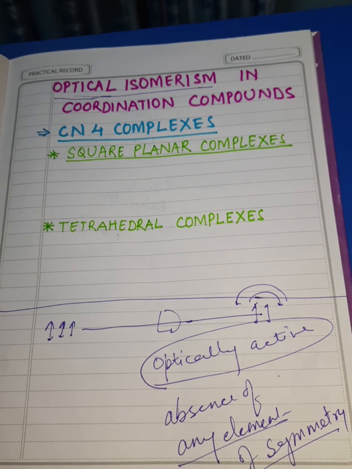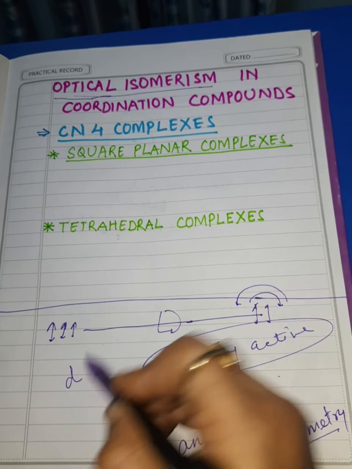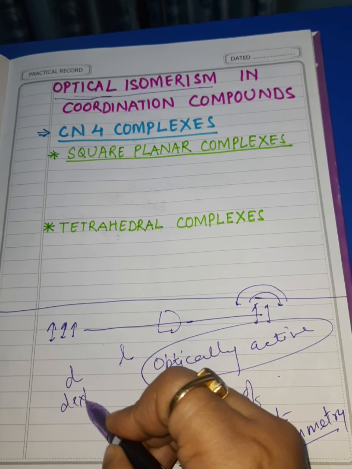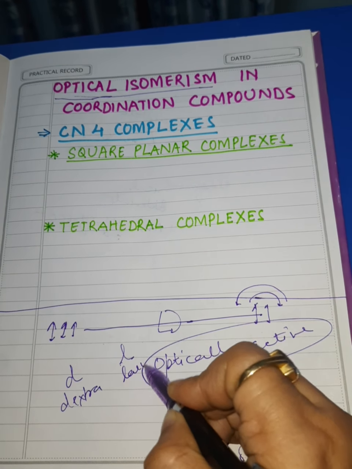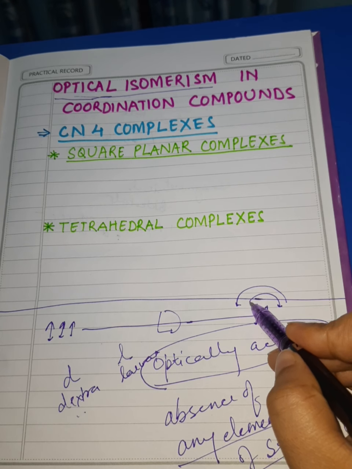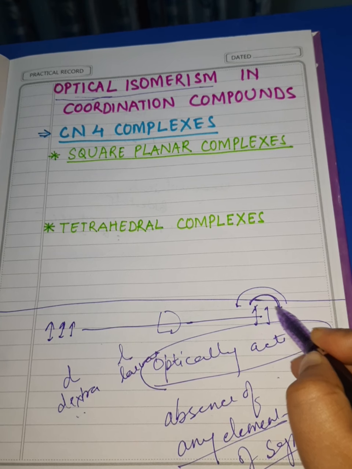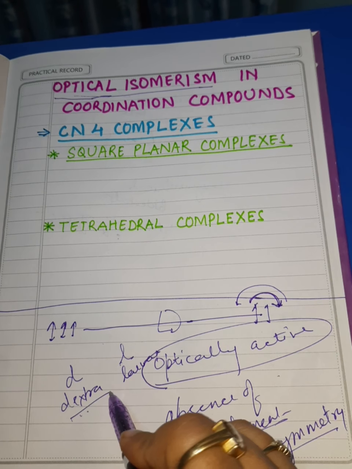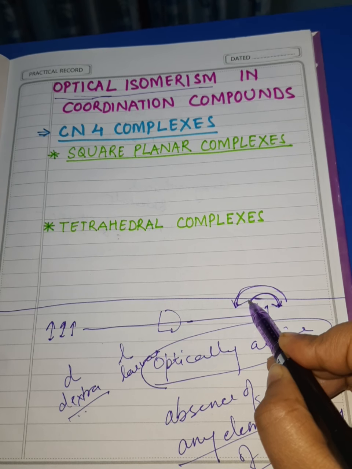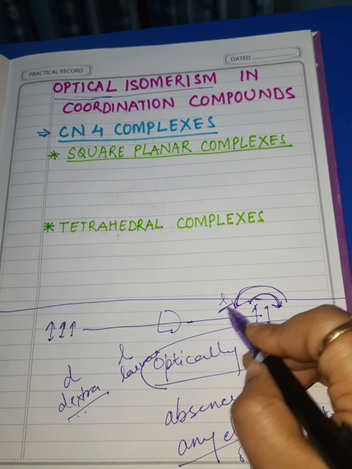Just like in organic compounds, any optically active compound is found to exist in two forms. One is the D form and one is the L form. D stands for dextrorotatory and L stands for levorotatory. Now, what is the meaning of dextrorotatory? When the plane of polarized light is rotated in the clockwise direction, the compound is dextro, and when it is rotated in the anti-clockwise direction, it is called a levorotatory complex.